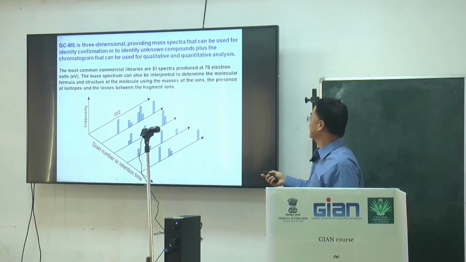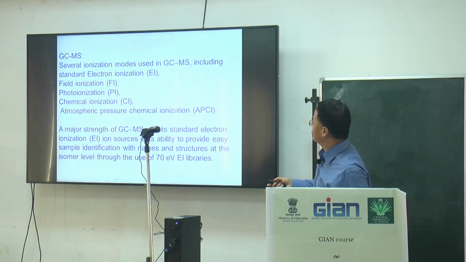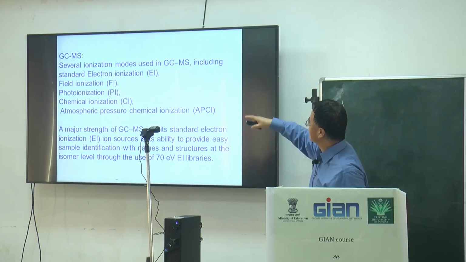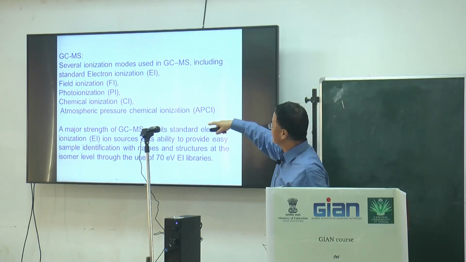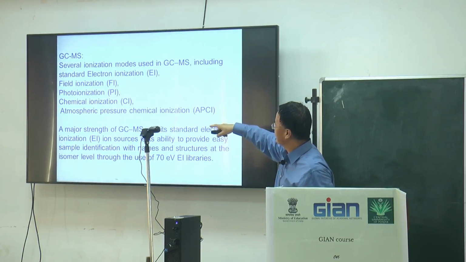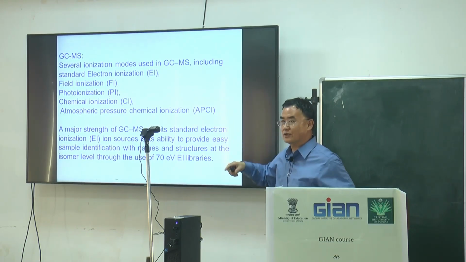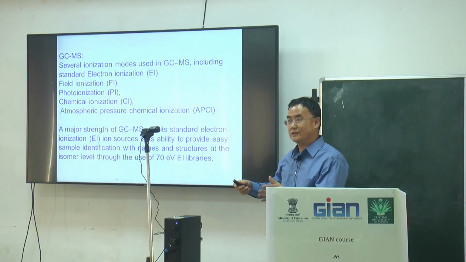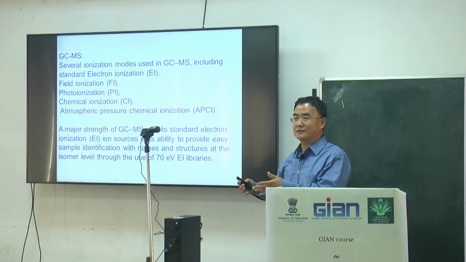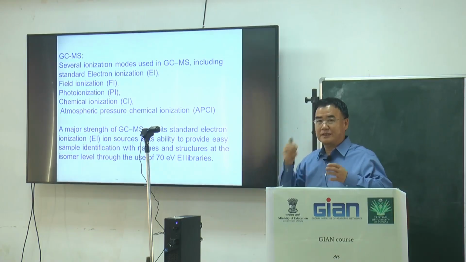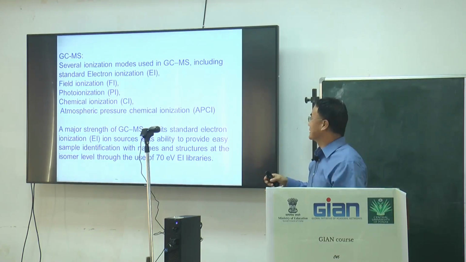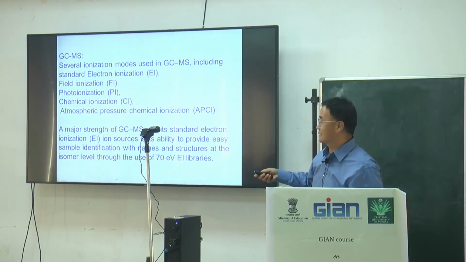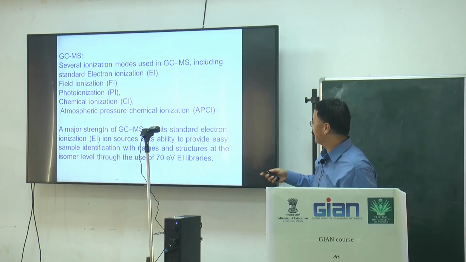The library is very easy to use. Recently, they also have different chemical ionization methods, and with pre-treatment of the sample you can achieve better results. There are some publications to enhance the GCMS analysis, so that is very good.